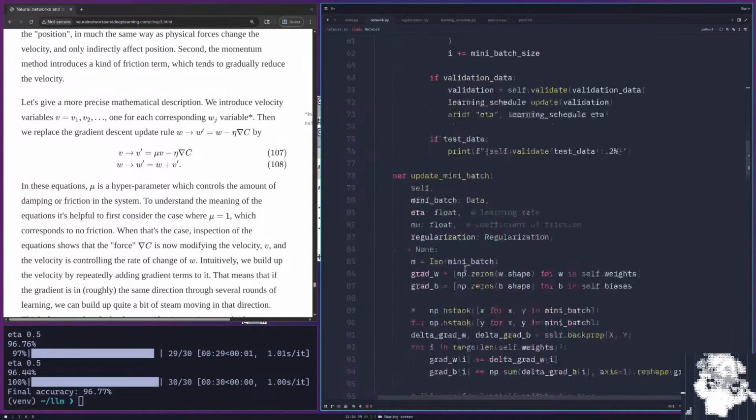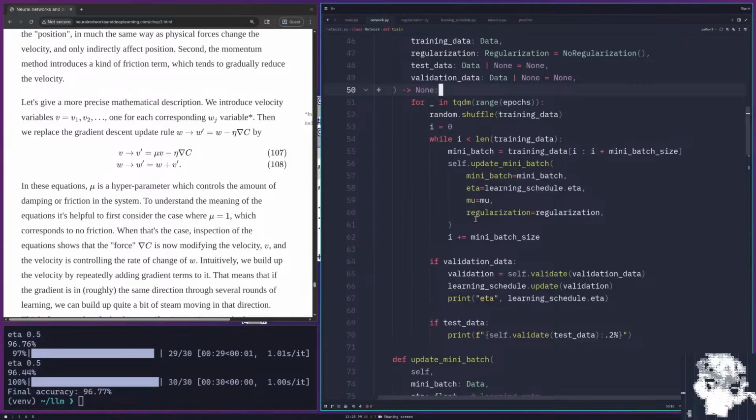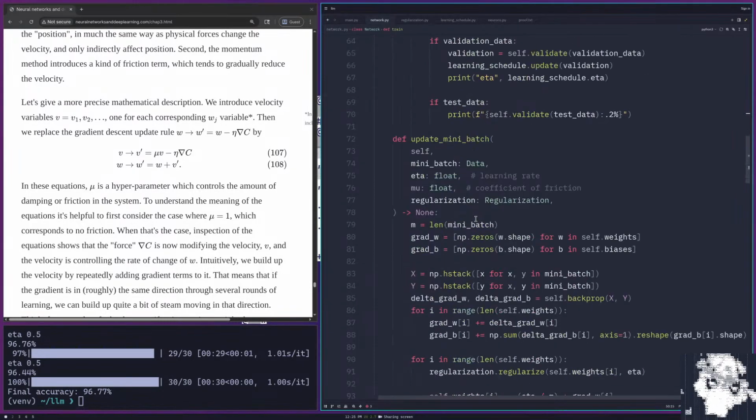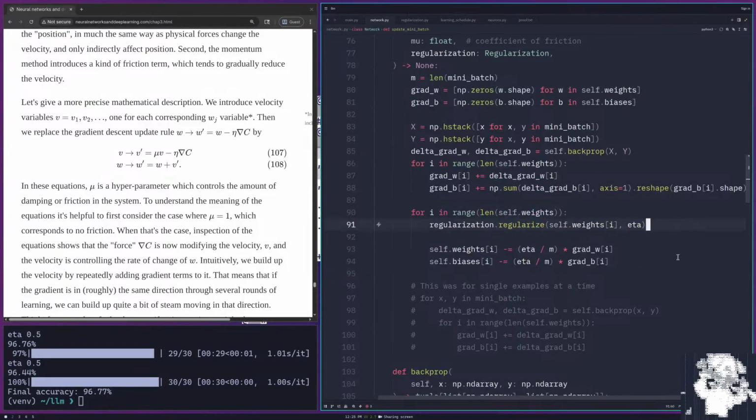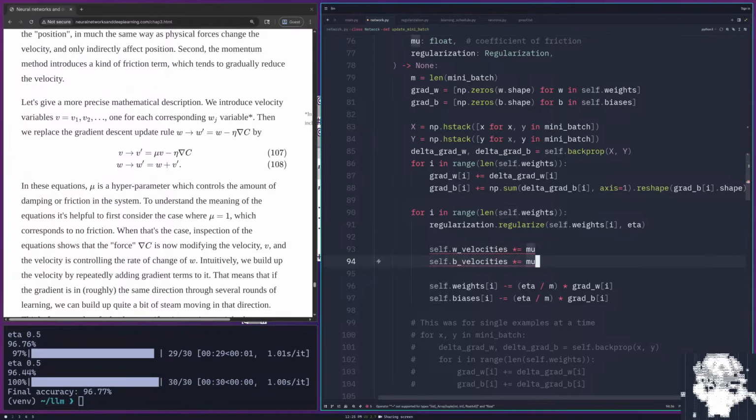Then when you start training, well, whatever, we don't need to worry about what happens if you train more than once. But here, self dot W velocities equals, so first you multiply the friction, which is mu, it's just times equals mu for both of them, at I.